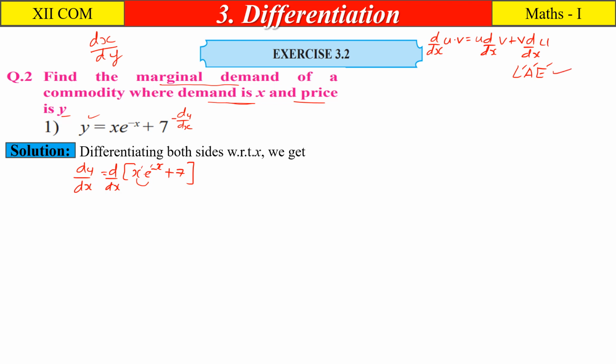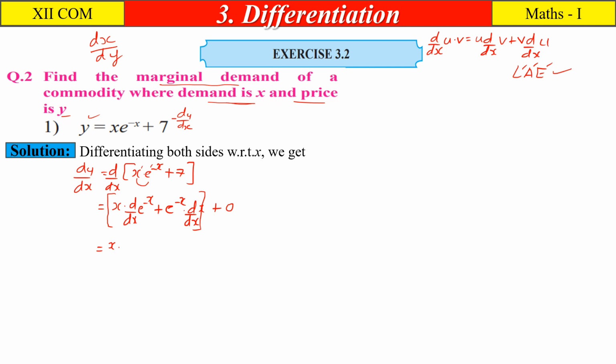Now we'll solve further. So derivative of x into e raised to minus x, that means first x, then derivative of e raised to minus x, plus e raised to minus x and derivative of x, right? Plus derivative of 7, which is equal to 0. So first part we solved, so we'll just put it in square brackets. So this is equal to x into, now students listen carefully, this is not only e raised to x, this is e raised to minus x.